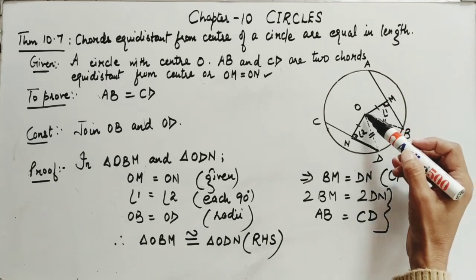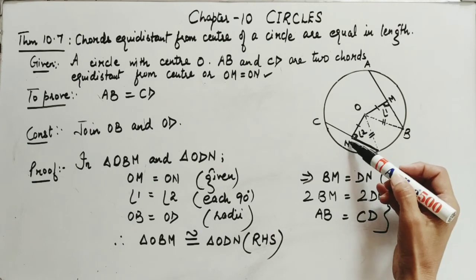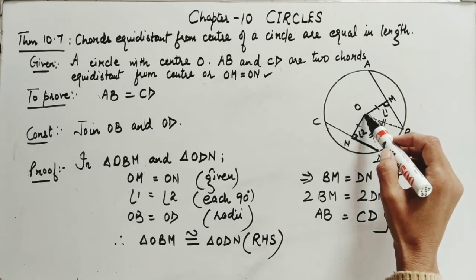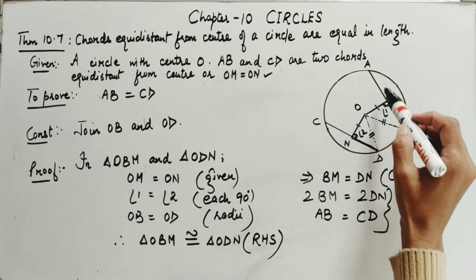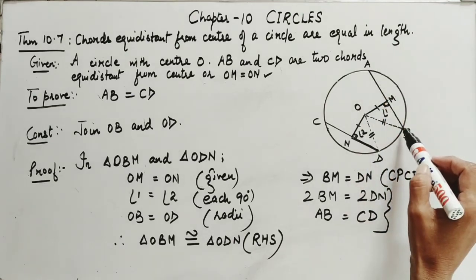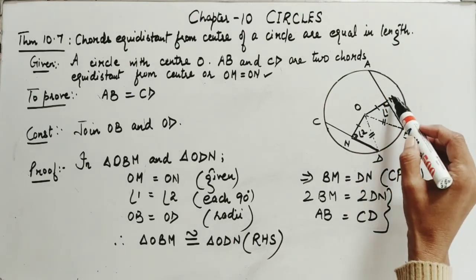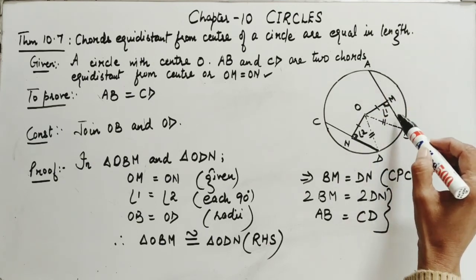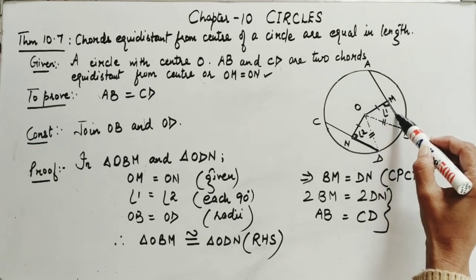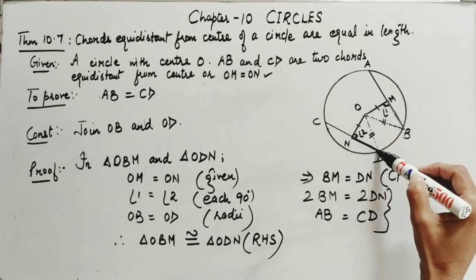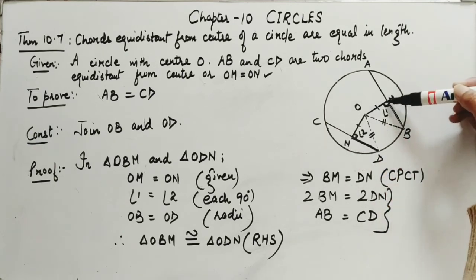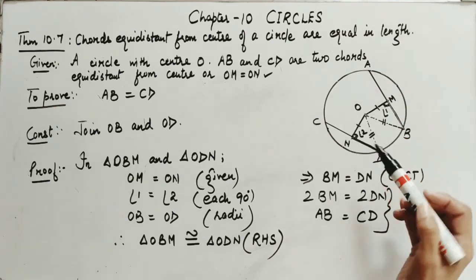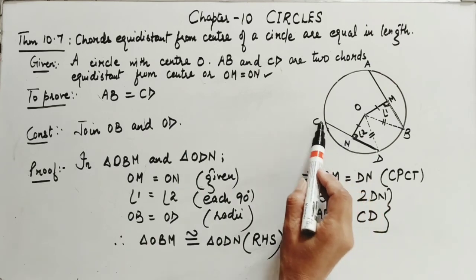Perpendicular from the center to the chord bisects the chord, right? From center O, OM was perpendicular to AB. That means M is the midpoint of AB. So if side BM is proved to be equal to DN, then double of this, which is AB, must be equal to double of this, which is CD.